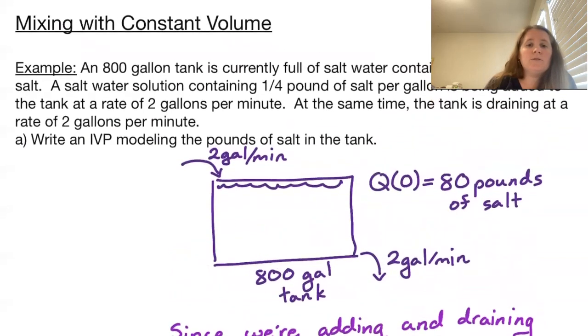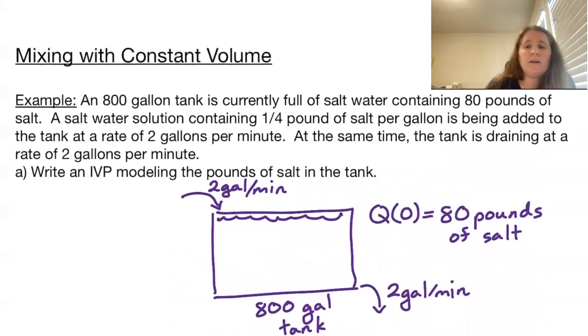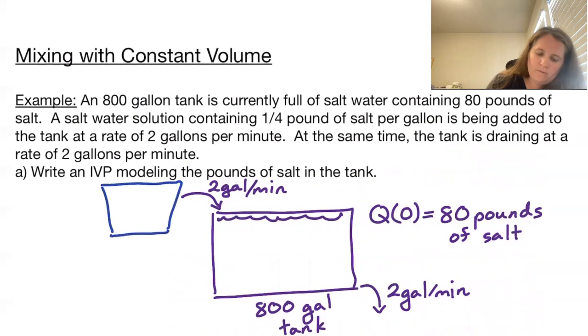Now, the solution that we're adding has 1/4 pound of salt per gallon.